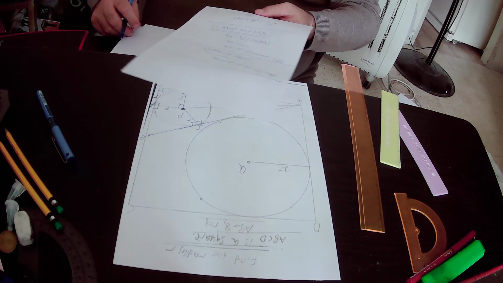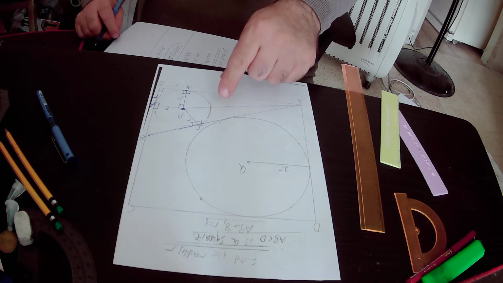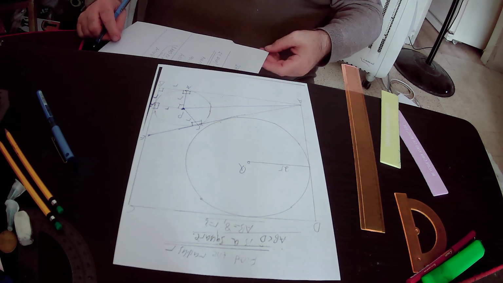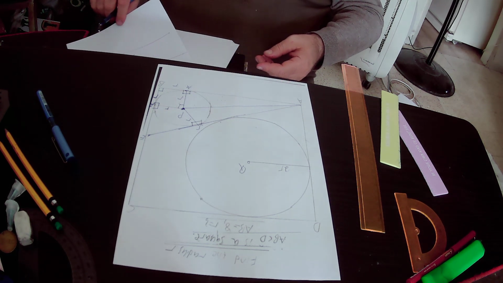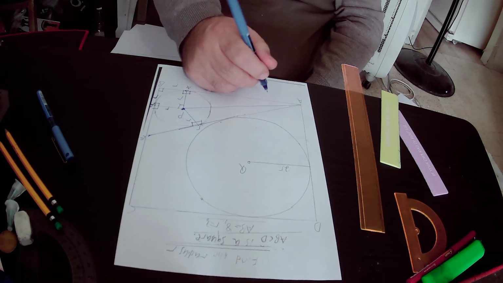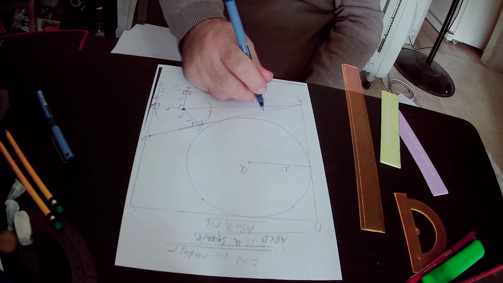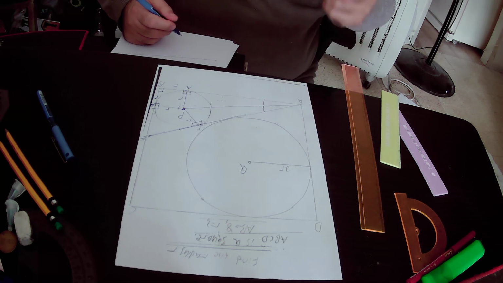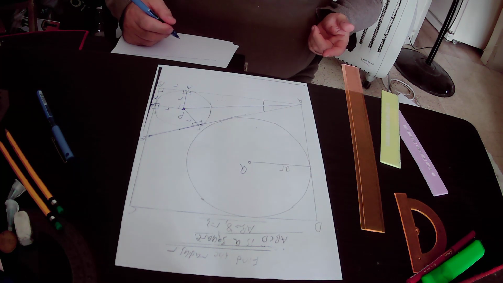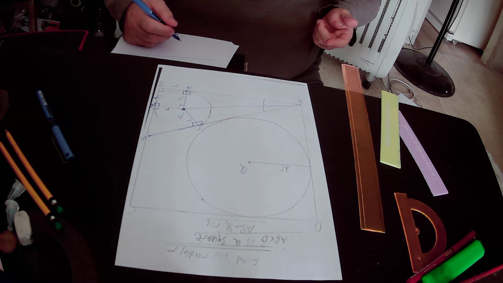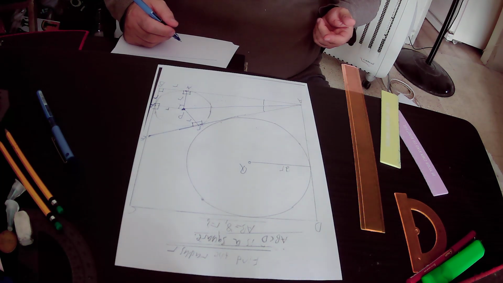So from the fact that those two triangles are congruent, we will conclude that those two angles are equal to each other, according to the rule that corresponding angles in congruent triangles are equal to each other.